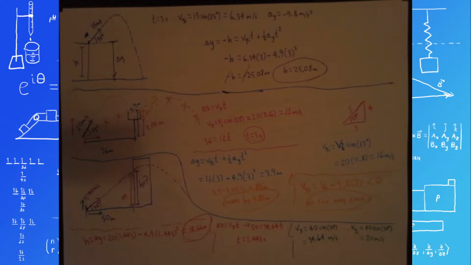Anyway, I think I want to pick our last problem for the day and then talk about what I would recommend doing for homework. And I guess next time that just leaves a lot of the really advanced projectile problems.